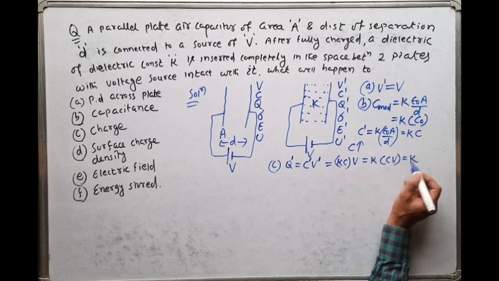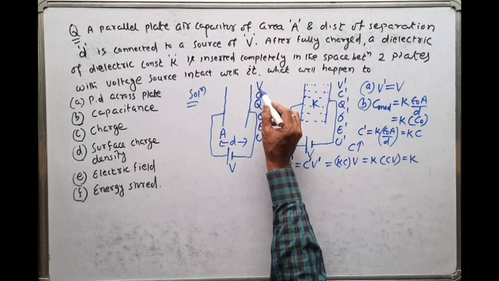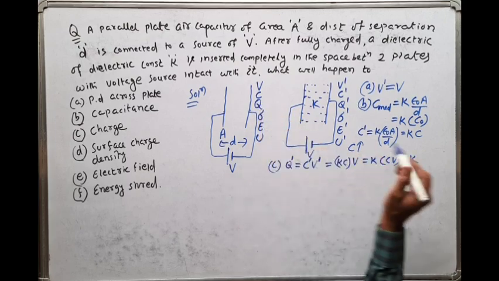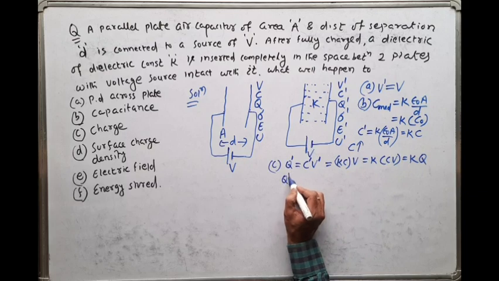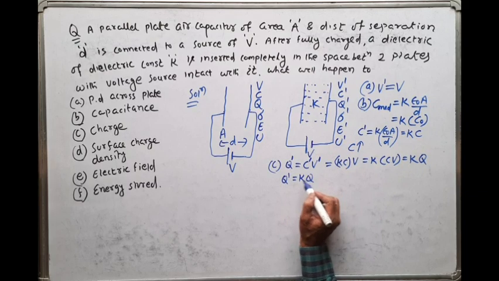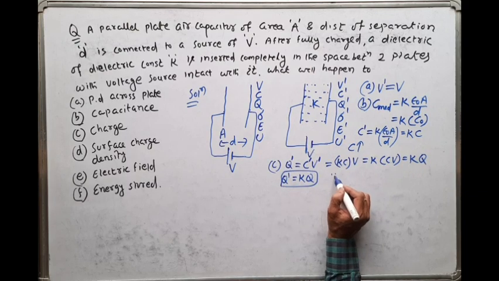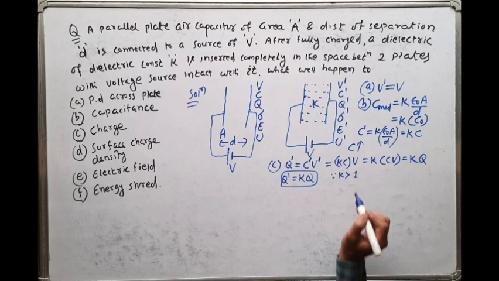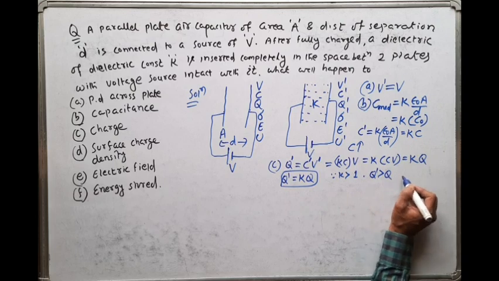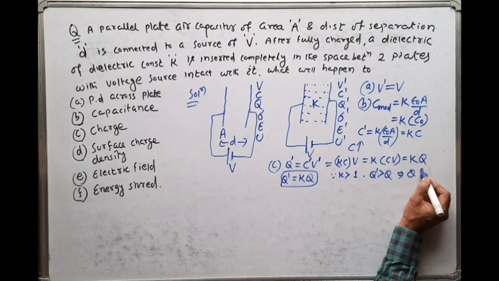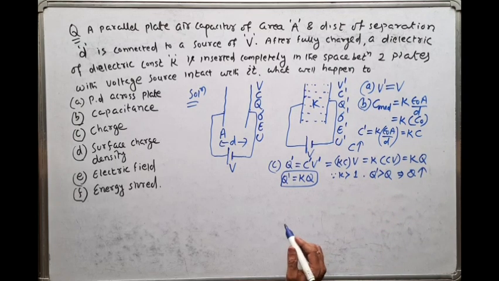C into V is the initial charge Q. So we got Q dash equal to K times Q. Since K is always greater than 1 for any dielectric medium, Q dash is greater than Q. That means the charge magnitude increases.